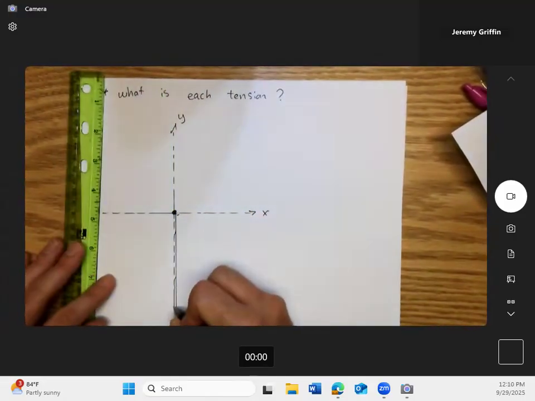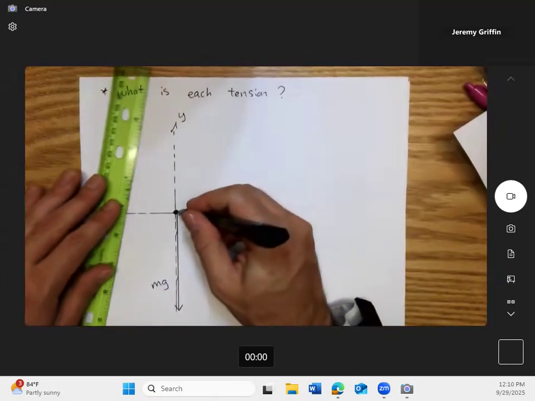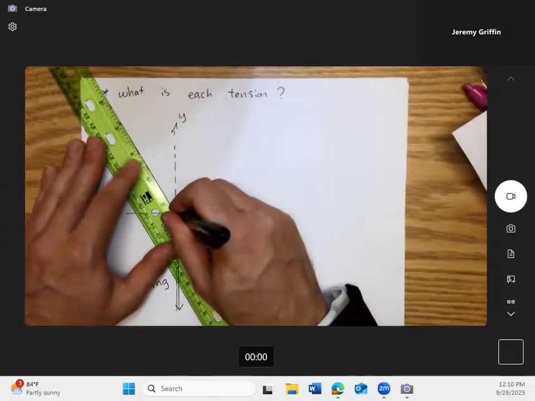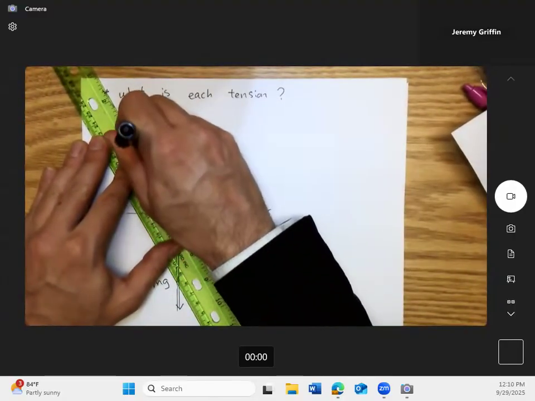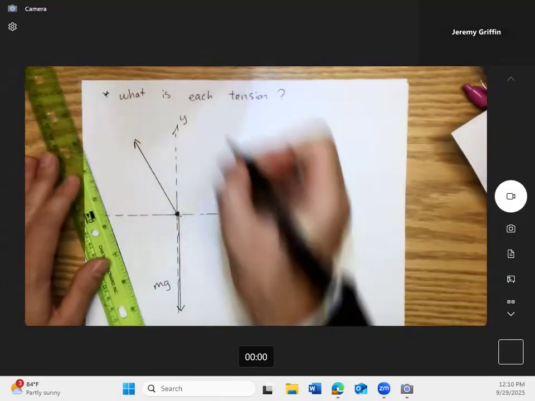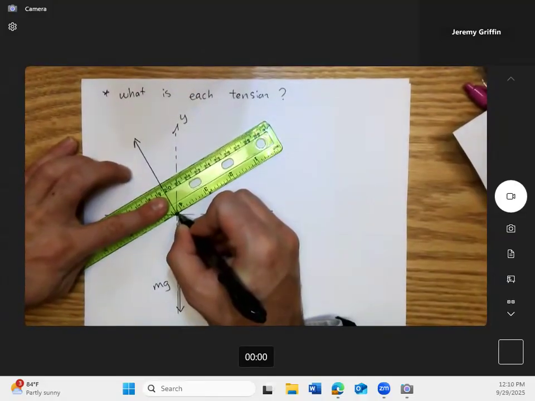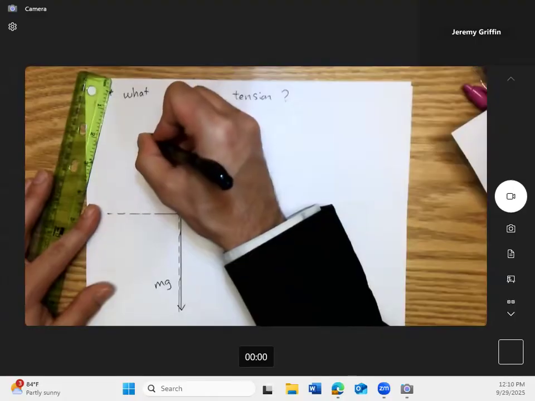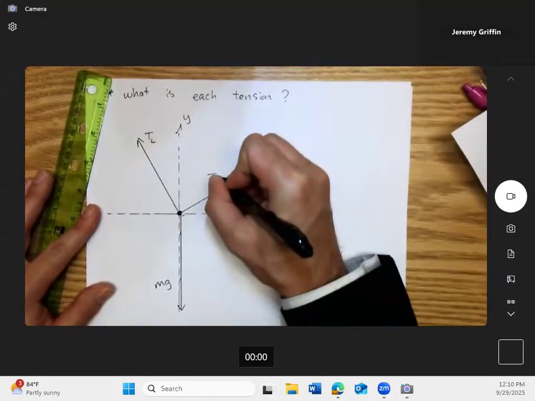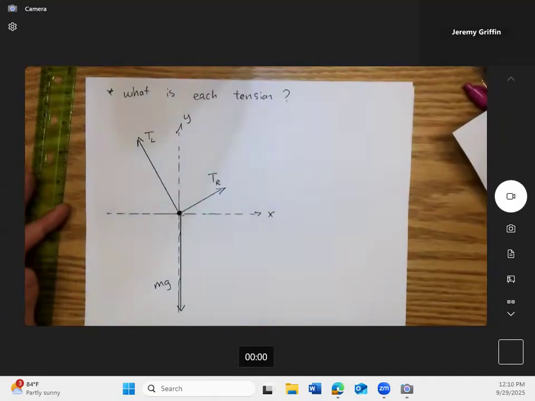This will be some weight, some mg. And then let's have a couple of tensions on some angles. One going this way, and one going about like this. I'll call this tension left and this tension right. So that's a great case setup.